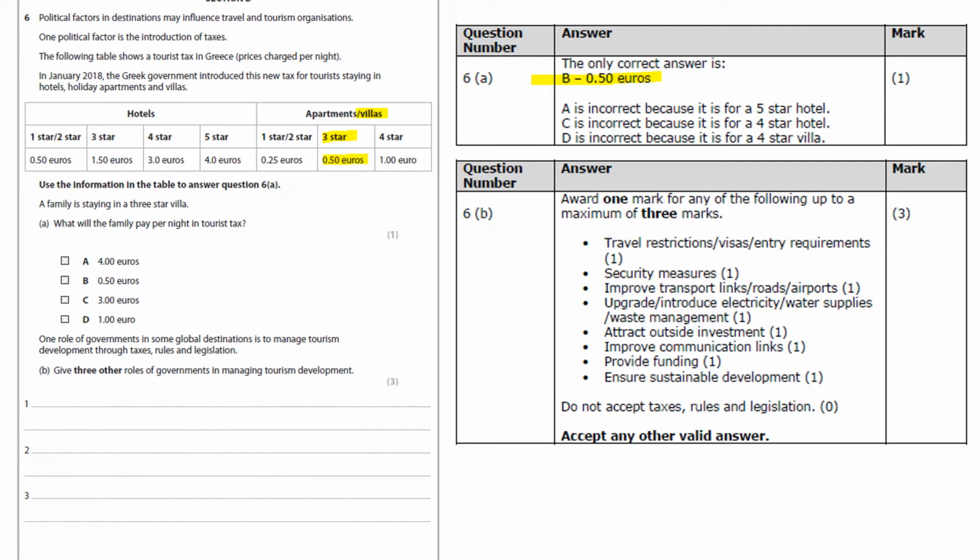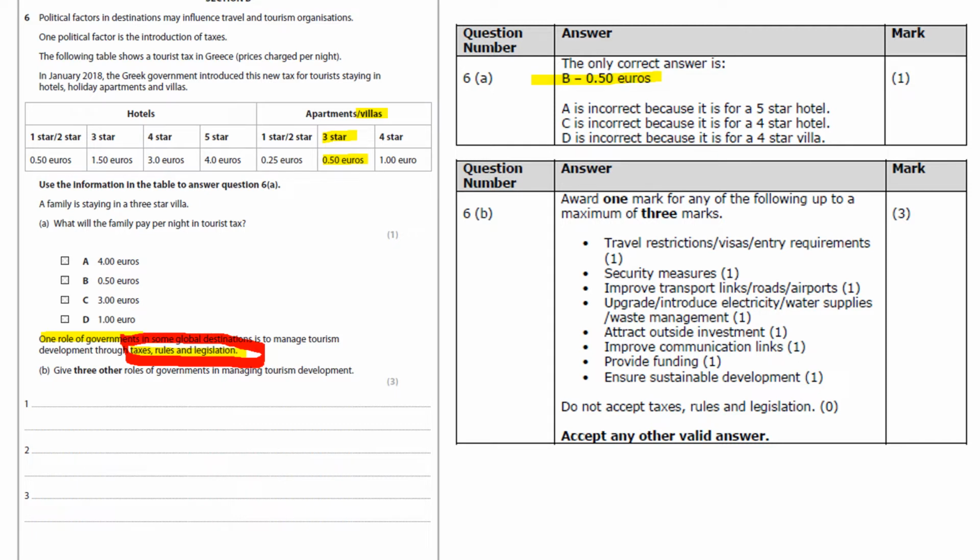The next one, though, is talking about the role of governments in developing tourist destinations. It says one role of governments in some global destinations is to manage tourism through taxes, rules, and legislation. Now that's really important. The trouble is many of you missed this bit, and it's so important. Let's put that in red.